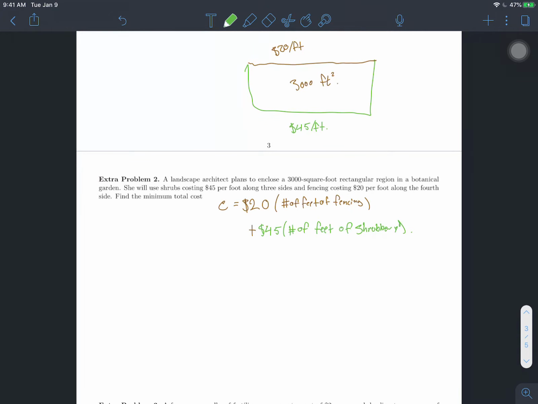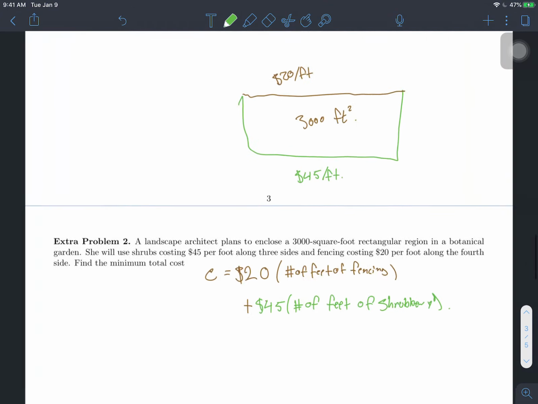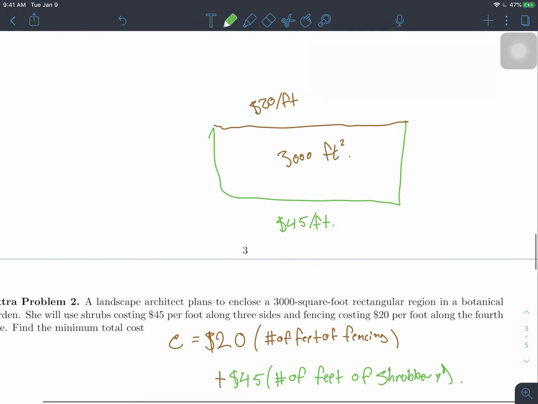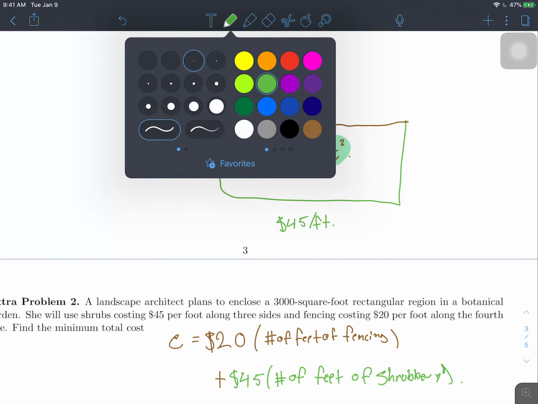Okay, so what we need to do now is express the number of feet of fencing and the number of feet of shrubbery as a function of x. Okay, and here's how we're going to do it. We're going to have to use this fact that we're enclosing 3,000 feet squared. Okay, so I know that this shape should be a rectangle.